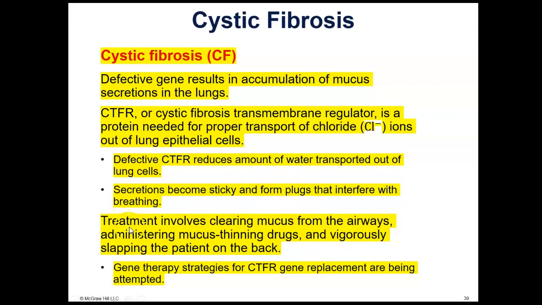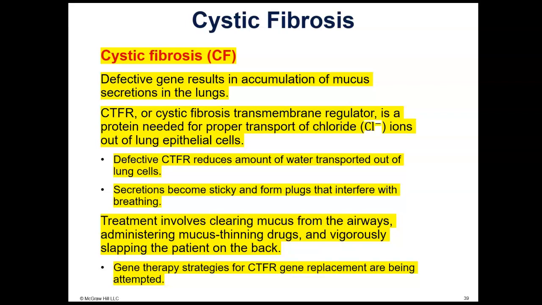As for the treatment for cystic fibrosis, there's not a cure, but there is treatment. It involves clearing mucus from the airways. They can take mucus thinning drugs, and also vigorously slapping the patient on the back to help them cough. Gene therapy strategies for the CFTR gene, which is the one responsible for the faulty chloride ion channel, involve replacing that gene.